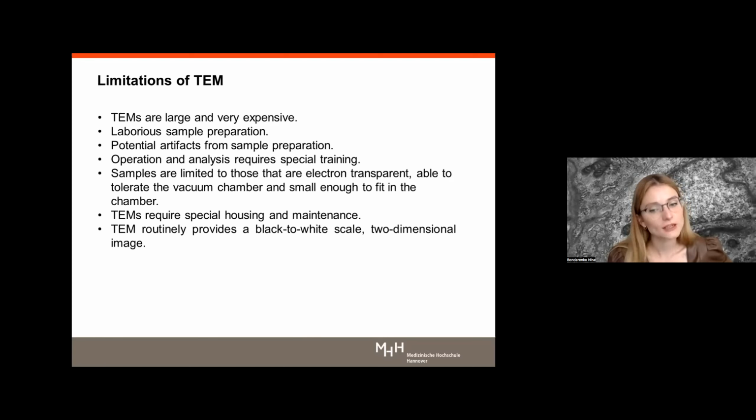So usually we use really small pieces of tissue, but at the same time we can obtain a lot of information from this small volume of material.